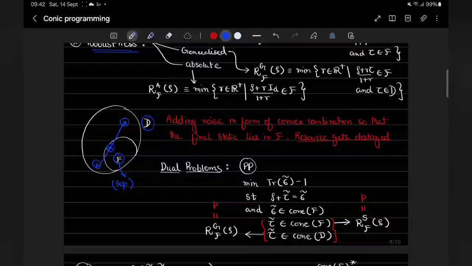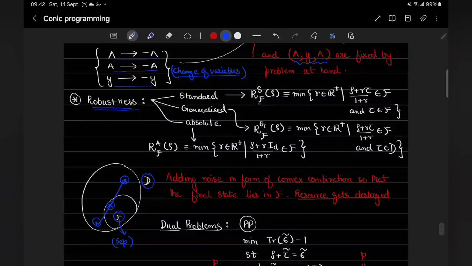This kind of noise exists in nature, and it is pretty harmful because it will convert your entangled state into a separable state, which will not be useful for some protocol that you may want to perform. So this criterion, how much minimum noise you require, is what is called robustness. The more the robustness, the better the entanglement of a state. This is the main idea. The more the robustness value, the more your state is useful for some protocol.